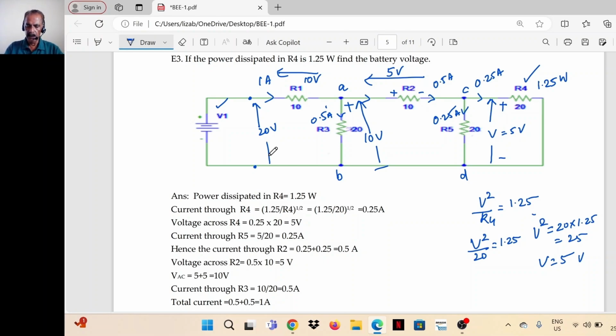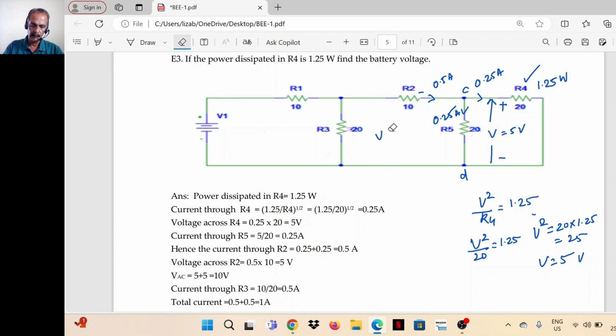So once more I'll tell you. It is given that power dissipated on resistor R4 is 1.25. Let's assume a voltage between these 2 points, V volts.